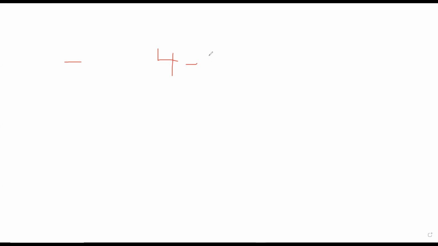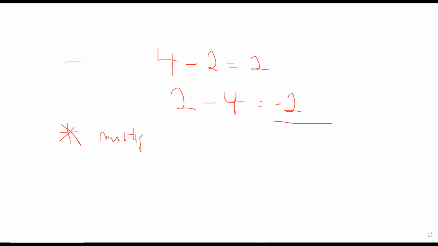Thank you. 4 minus 2 will always give you 2. And 2 minus 4 will give you minus 2. The other operator is the asterisk, which is used as multiplication. Which means 4 times 3, or 4 asterisk 3, will give you 12.